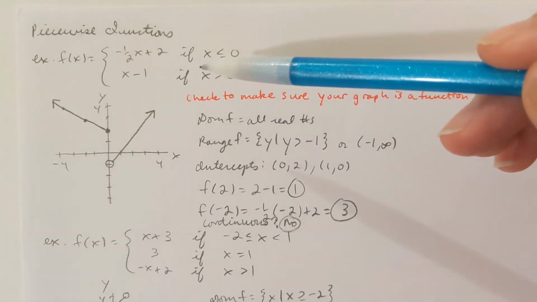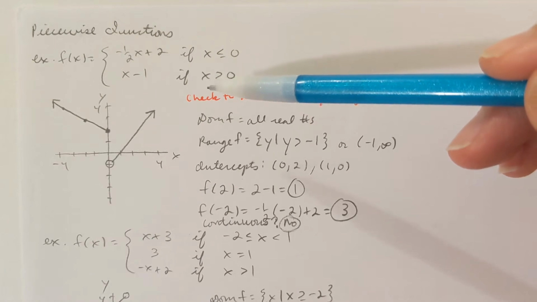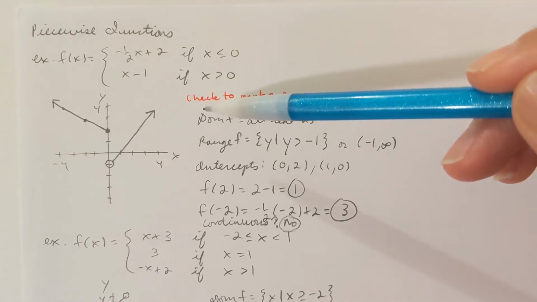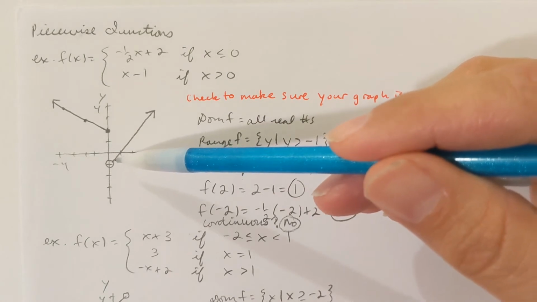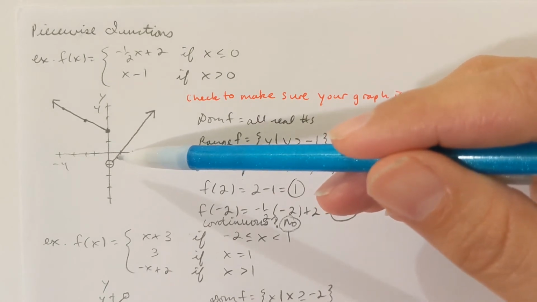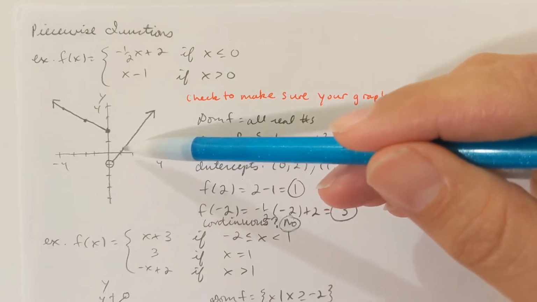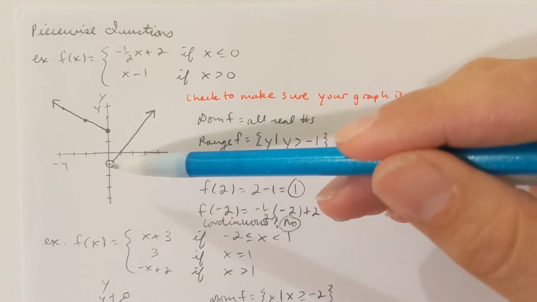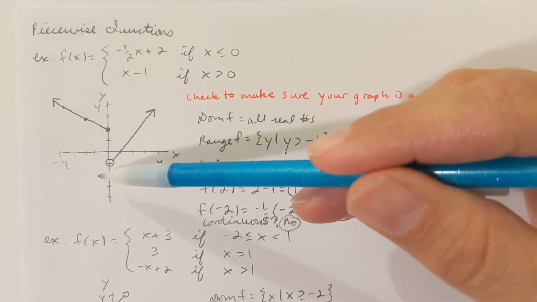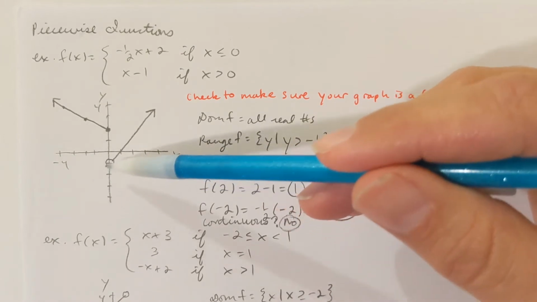The next piece, y equals x minus 1, has a slope of 1 and a y-intercept at negative 1. So 0, negative 1 is where I'd start, and I'd use the slope of 1, or I can go down 1 and to the left 1 each time.